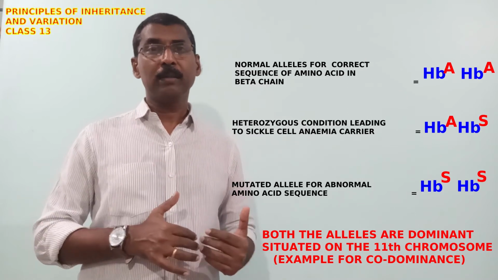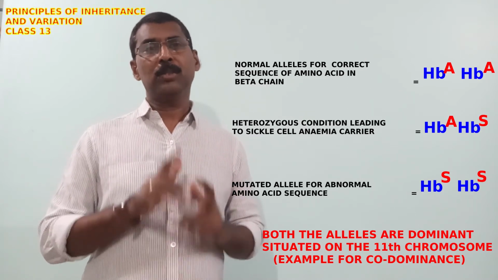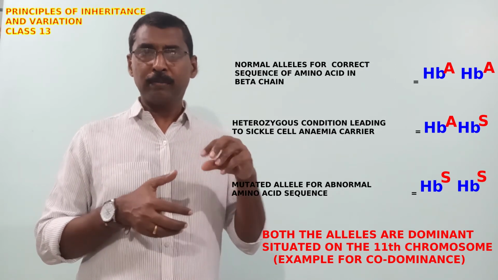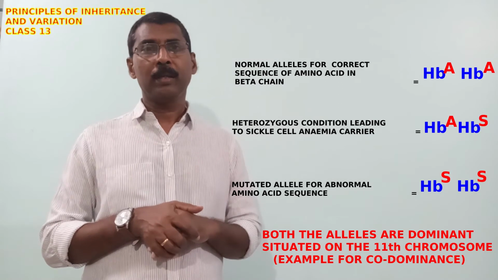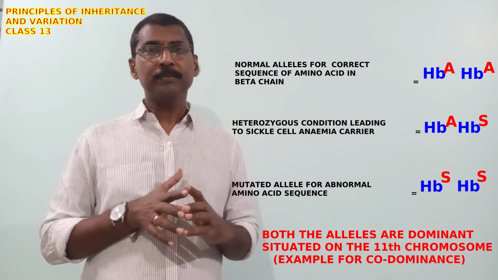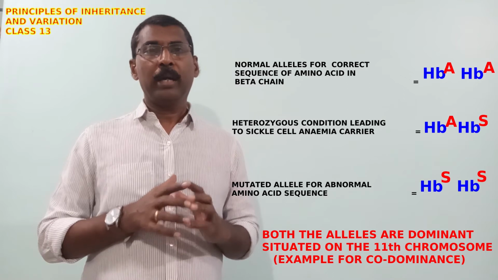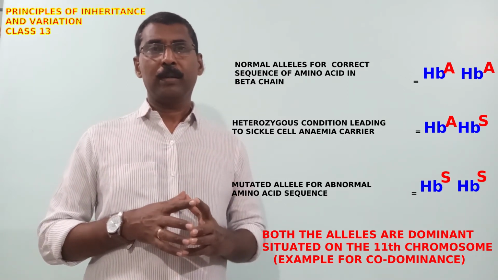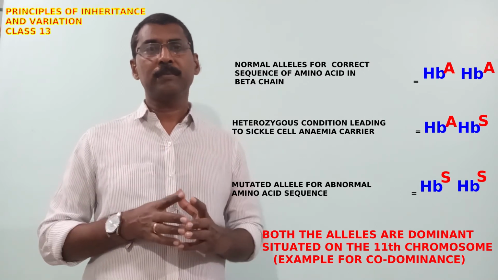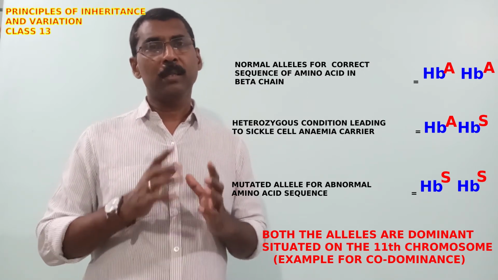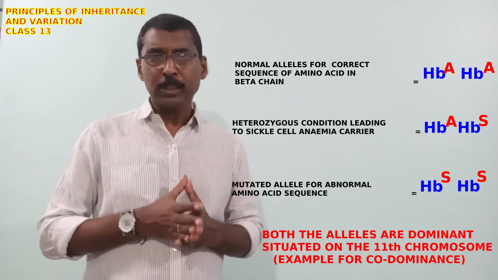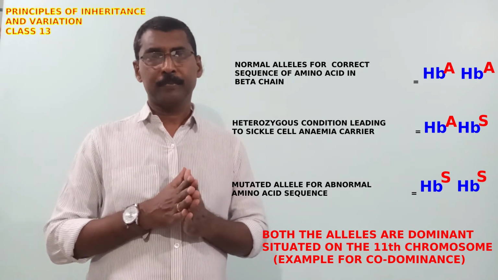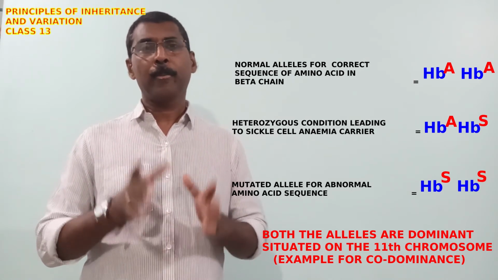The person inherits the mutated alleles, both the alleles for that particular trait or for hemoglobin are mutated, and that person would be affected with sickle cell anemia, and would exhibit all the symptoms of sickle cell anemia.